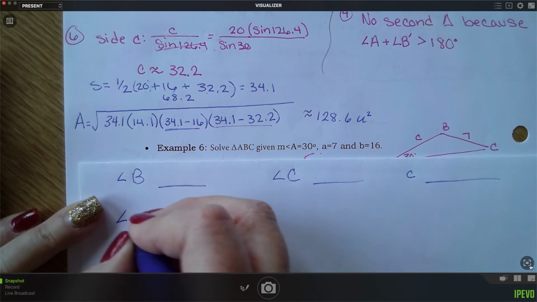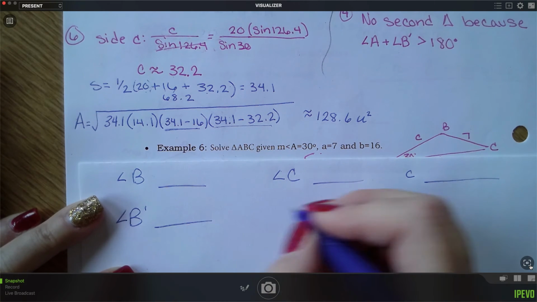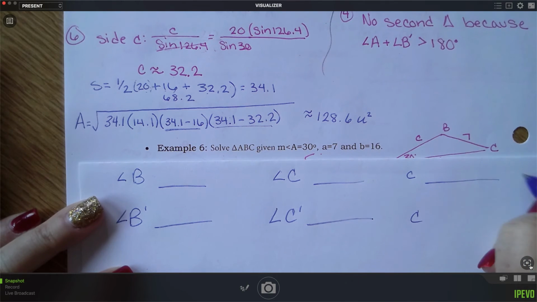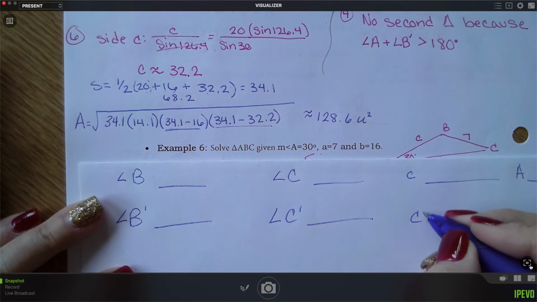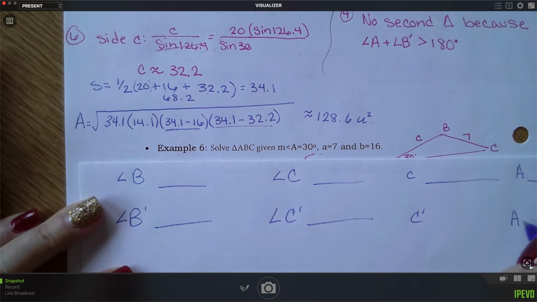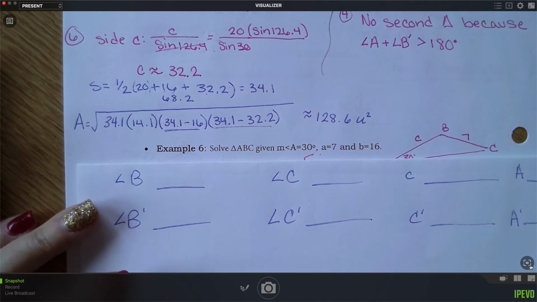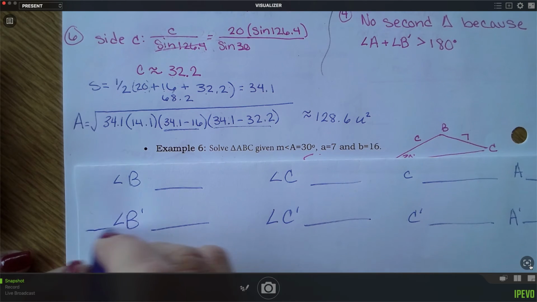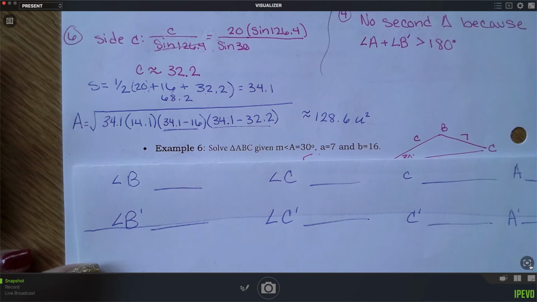And then I would also have B prime, C prime, and C. Oh, there's one for area too. Only if it has. Nope. I put it on every single one. Why do I put it on every single one? Because you should know when you have one and when you don't, right? And when you don't have one, you just go like this. Make sense?